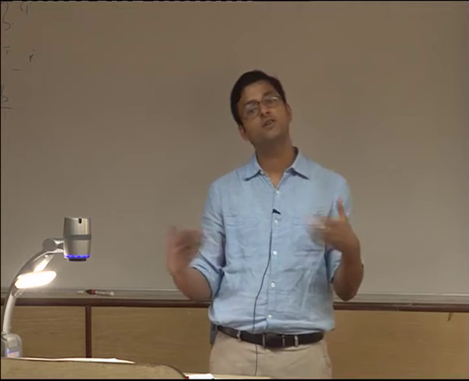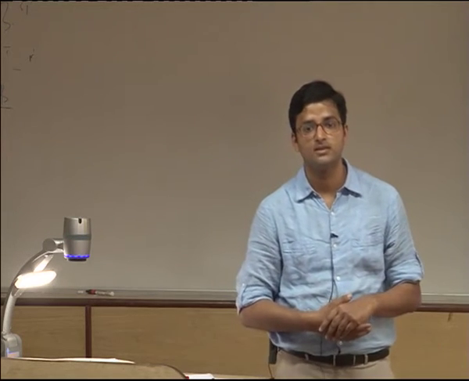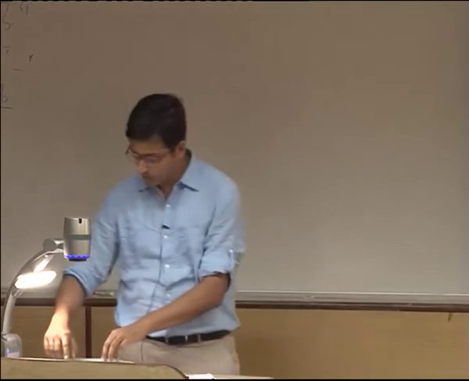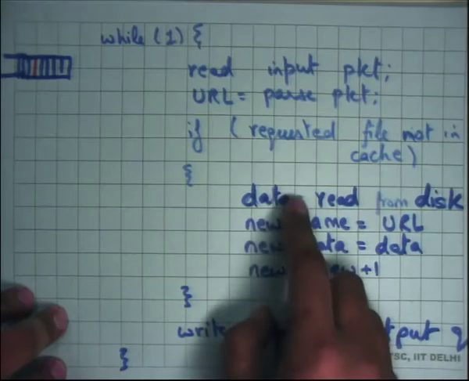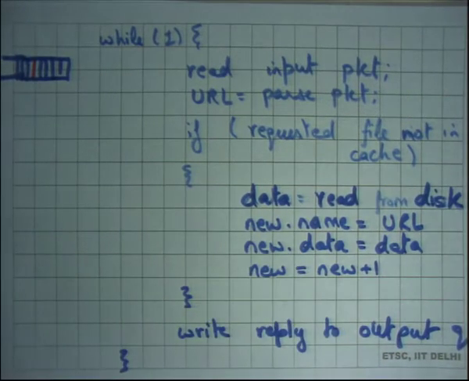And how many threads will you maintain? So once again, the solution that has been proposed is, if the requested file is not in the cache, don't do all this in the context of the current thread, spawn a new thread, right, and let that thread wait on the disk, and I can go forward and pick up the next request, right. So basically we are talking about some kind of multi-threading, and the question is how many. So one option is to do it on demand.